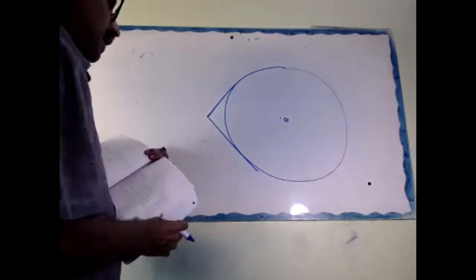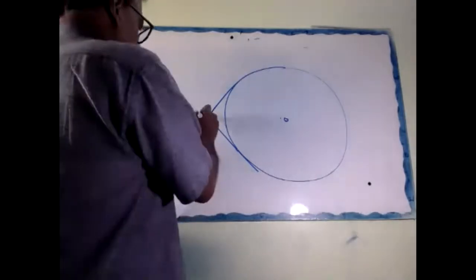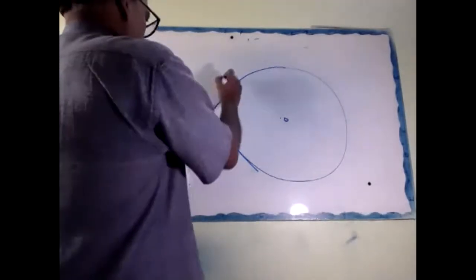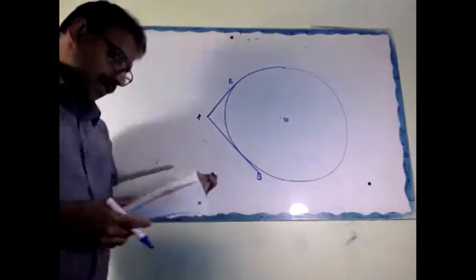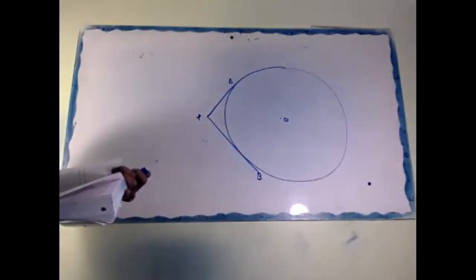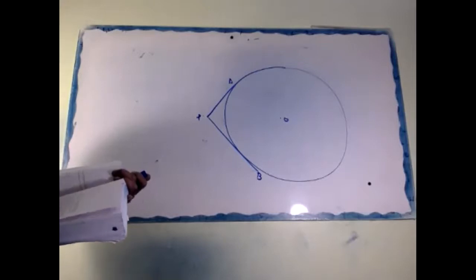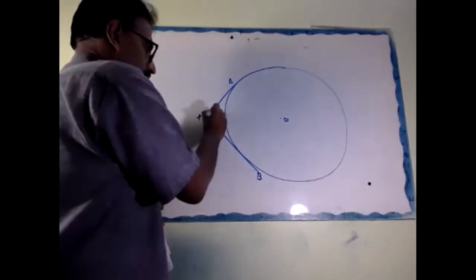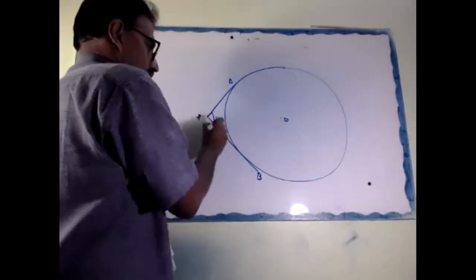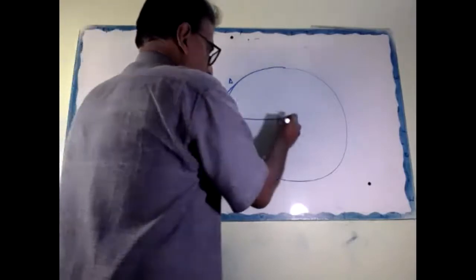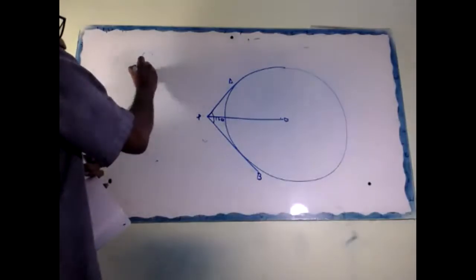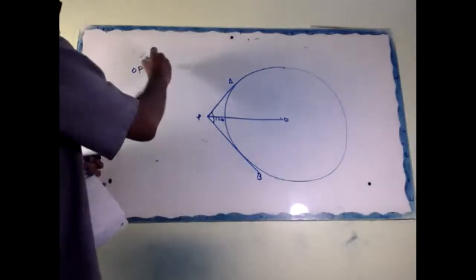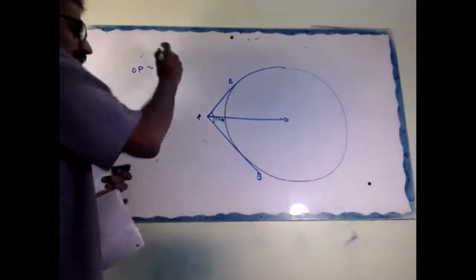Two tangents PA and PB are drawn from an external point to the circle with center O, such that angle APB is 120 degrees. This angle is 120 degrees. What you have to prove is OP equal to 2AP.